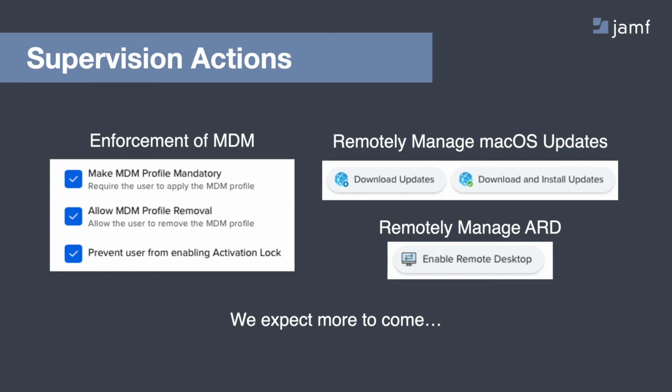If that device, especially in today's world, is at a home office or in a remote office, and you need to be granted access using Apple's Remote Desktop tool, you need to be able to remotely enable or disable that agent on the device. This can only be done through supervision.